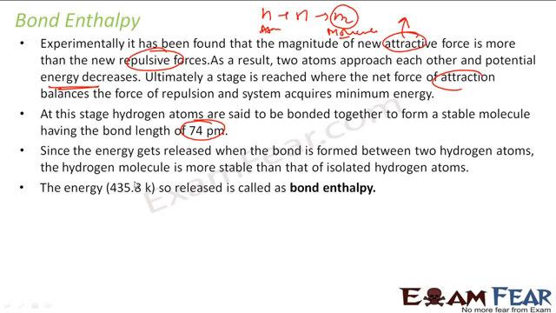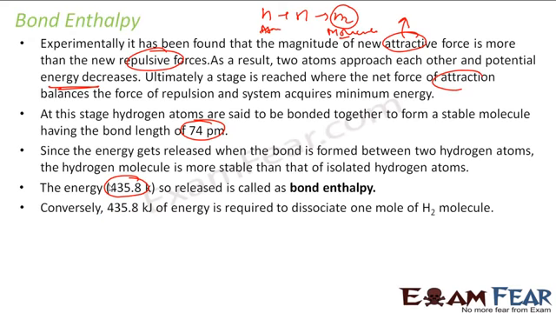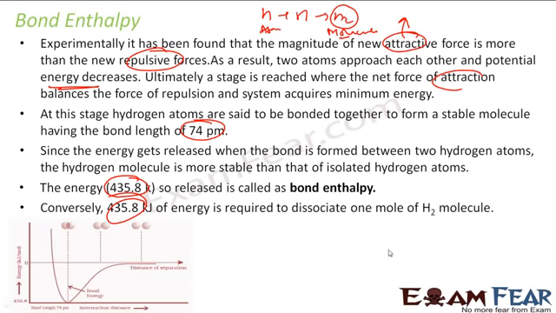This energy release is 435.8 kilojoule for 1 mole of hydrogen, and this is called bond enthalpy. Correct? Conversely, if you want to convert a hydrogen molecule into hydrogen atoms, you need 435.8 kilojoule of energy for 1 mole of hydrogen molecules.